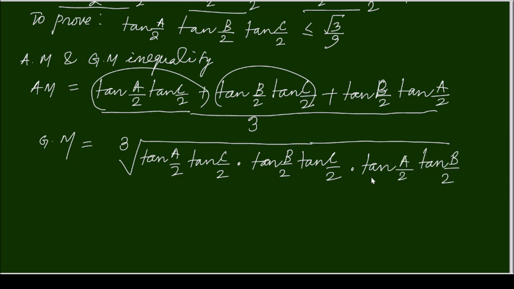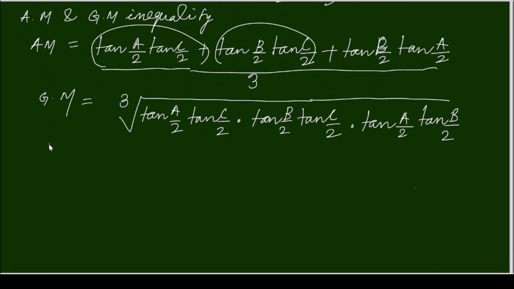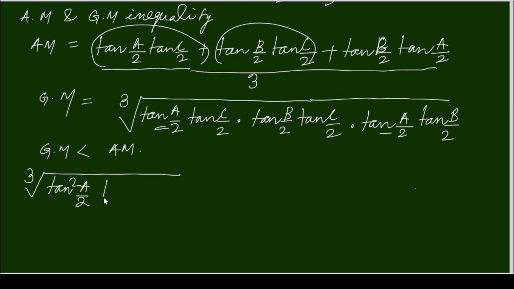Now we know that GM is less than or equal to AM. So the cube root of, now see, you are getting each tan twice, so tan squared A by 2, tan squared B by 2, tan squared C by 2, is less than or equal to the arithmetic mean, which I've already mentioned, and this numerator value is 1, so 1 by 3.